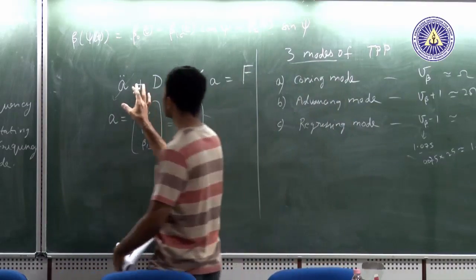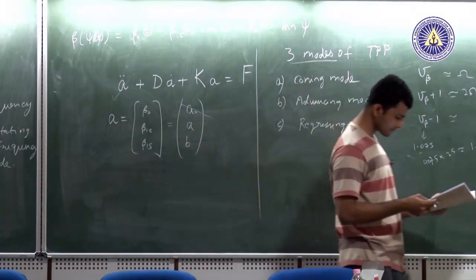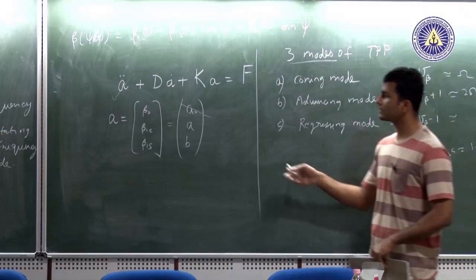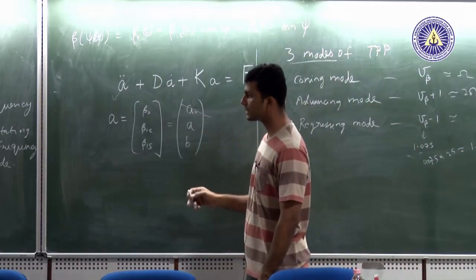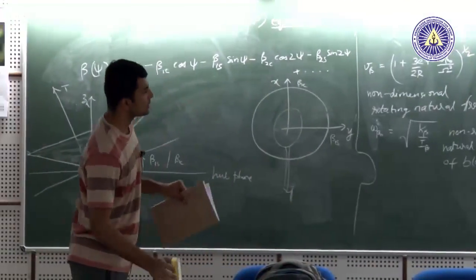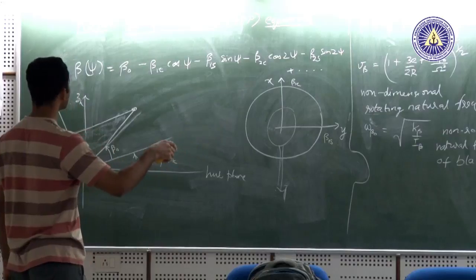Once you neglect the coning mode, you are left with these 2 by 2 matrices for D and K, and F is a 2 by 1 vector.